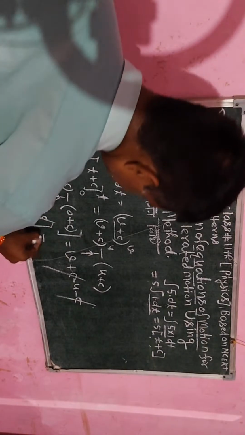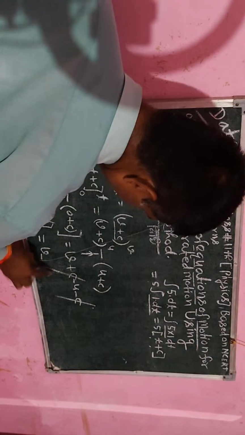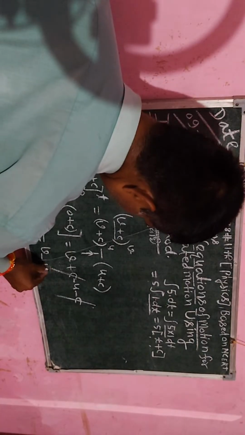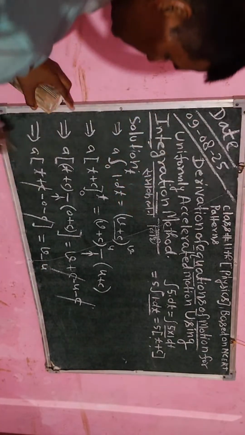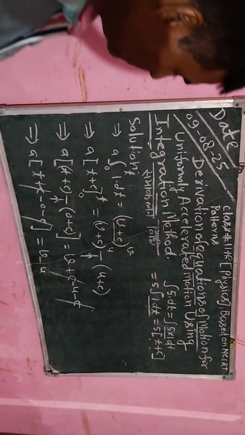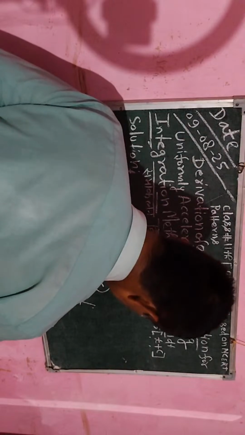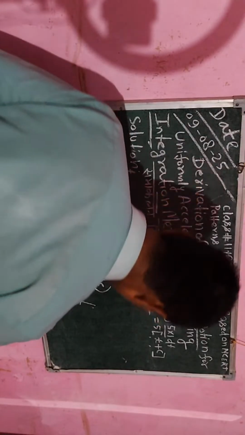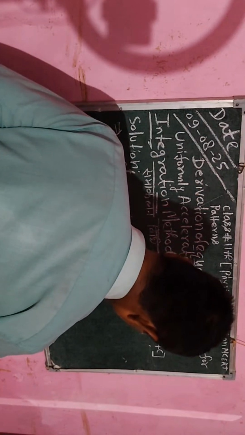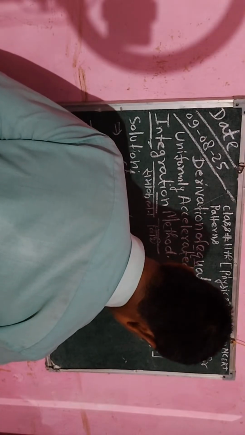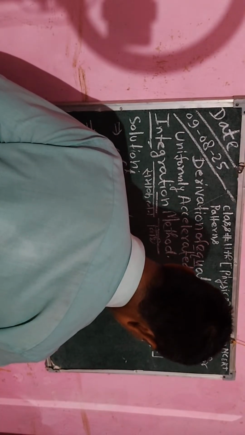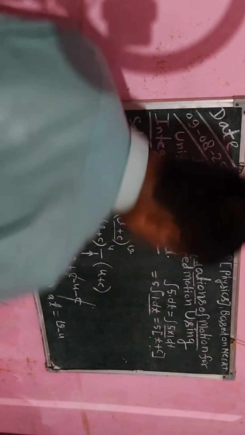So on the right hand side I will find v minus u, but on the left hand side a into t will be available. So I can write here, implies that a into t is equal to v minus u. This is the information.